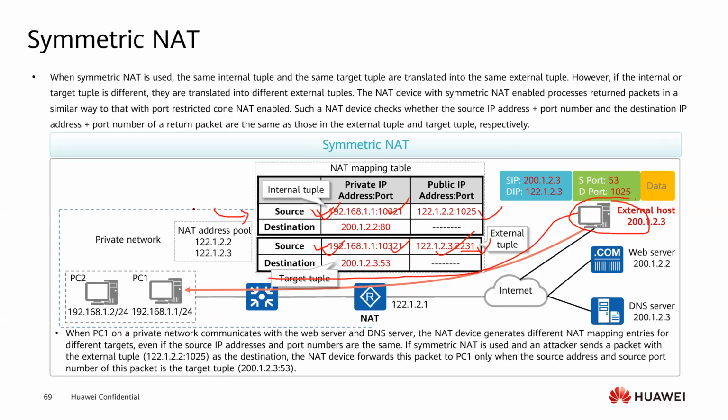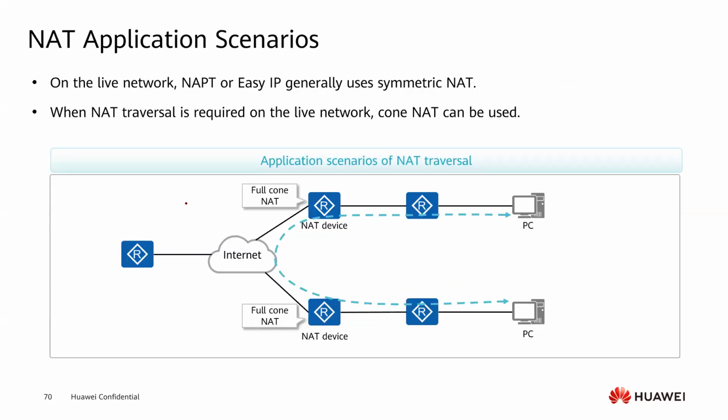So why do we need to know the source NAT type? That is related to NAT traversal. If we are using a cone type, including full cone, restricted cone, or port restricted cone NAT, those types of NAT can do NAT traversal.